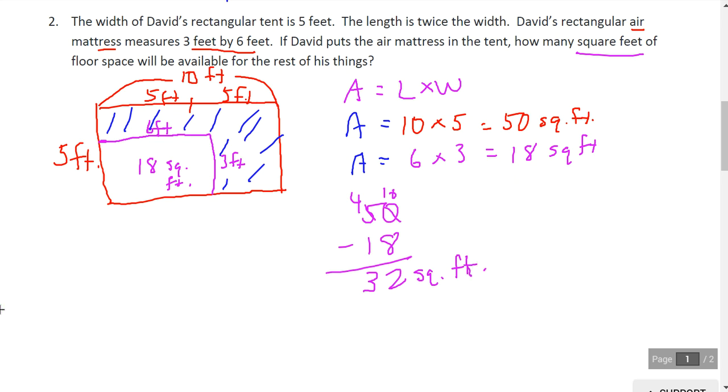So what area does he have for the rest of his belongings? He has 32 square feet for the rest of his things.